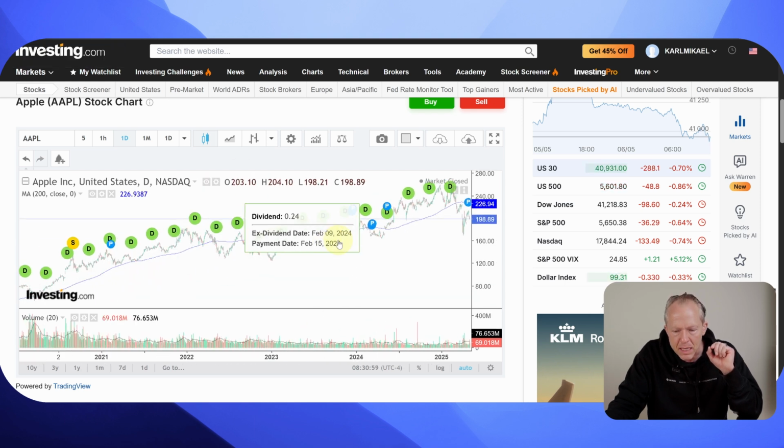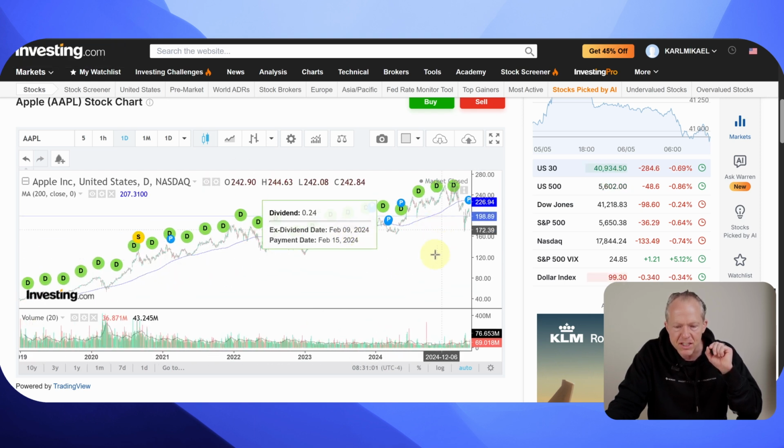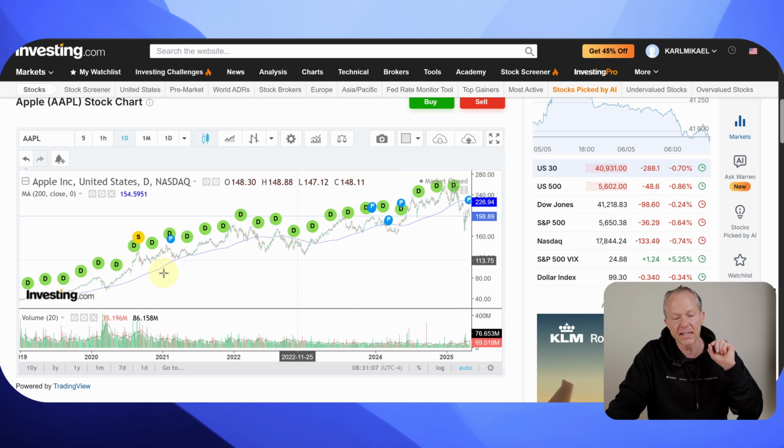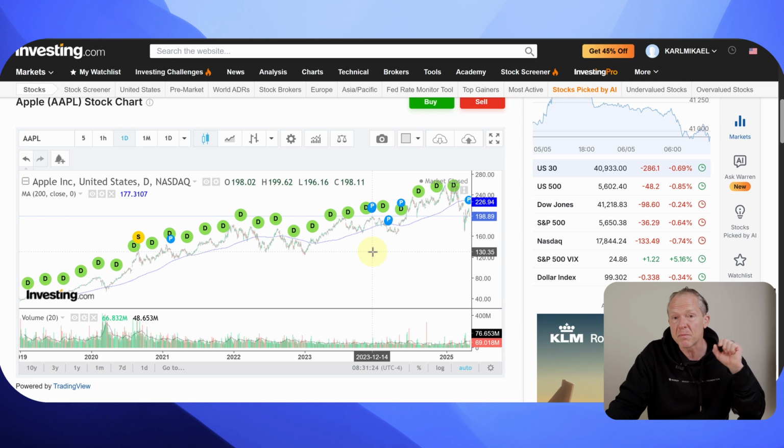And zooming out even more, we can see that there is pretty much room on the downside here technically to perhaps these previous lows. It seems like here there could be some support at around maybe the 125-130 level, but that's 40% down.